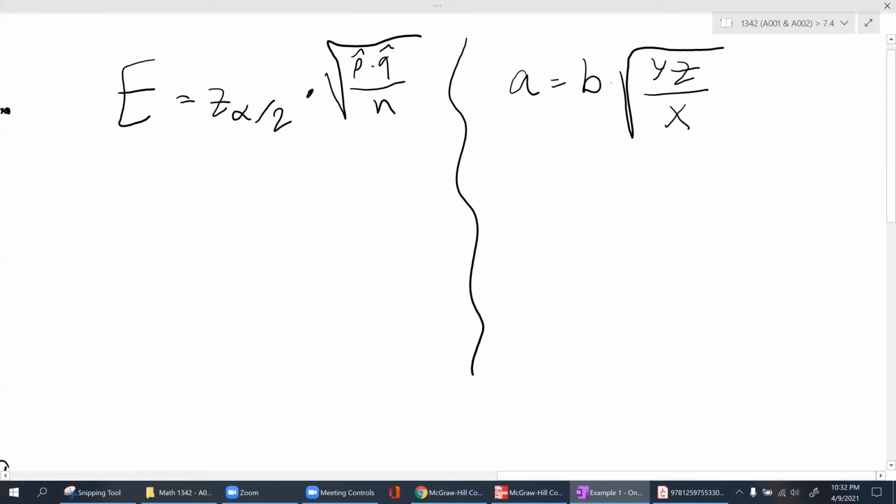And how do I get rid of b? Well, b is multiplying with what's my focus, so I'm going to divide both sides by b. Leaving me with a over b is equal to the square root of yz over x.